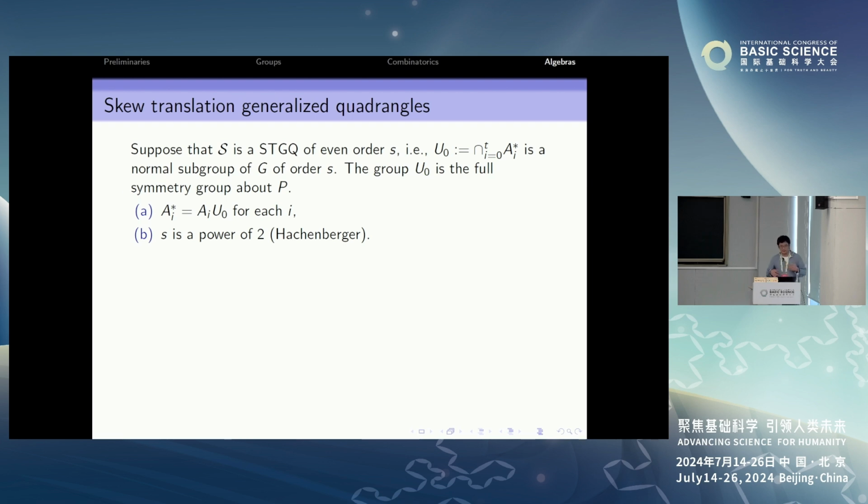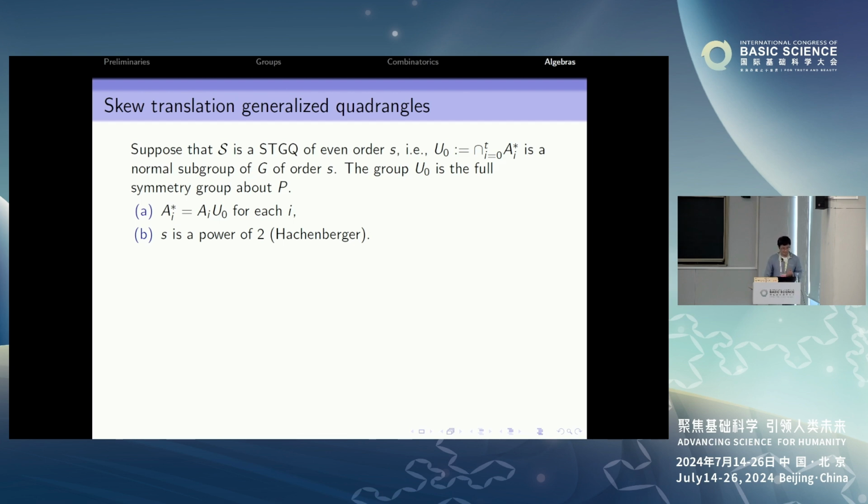If the intersection of these A_i stars is as large as possible, which is of order f, then it's called a skew translation GQ. This notion was coined by Payne in 1975.